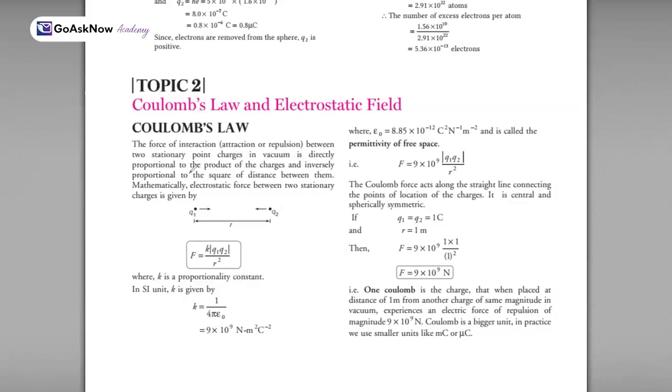It says that the force of interaction is attraction or repulsion. I already told you that there are positive charges and negative charges. If positive and negative charges are there, they will attract each other, because opposite charges always attract.